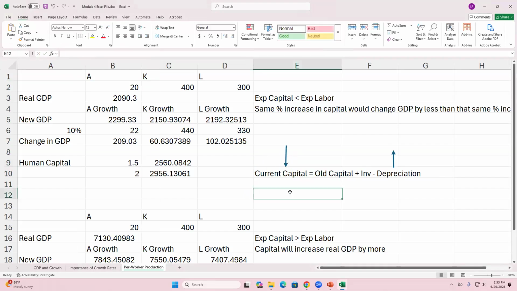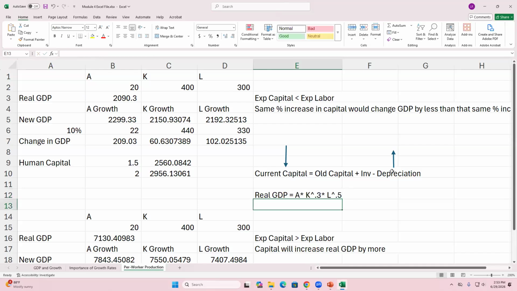So what was real GDP? That was equal to my total factor productivity times K to the 0.3 times L to the 0.5.